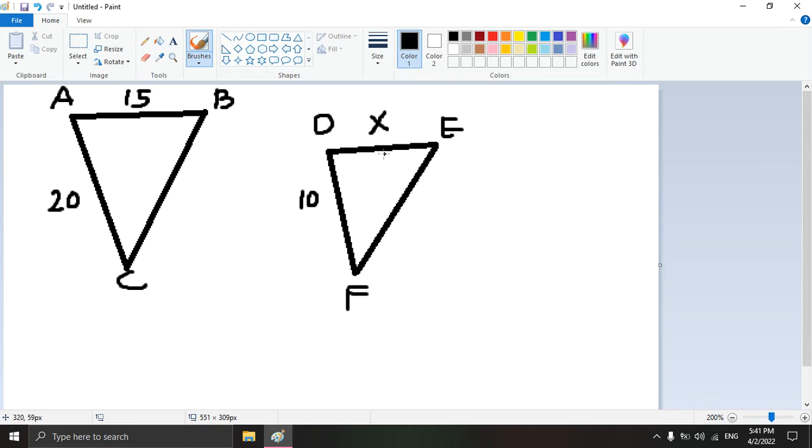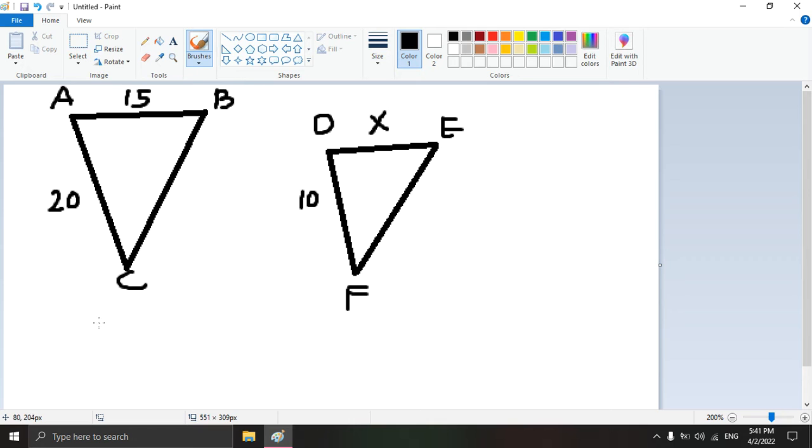So how are we going to find the value of X? Let us apply the ratio and proportion method. There are ways on how to form the proportion. First, we're going to use the given in the first triangle, then in the second triangle.